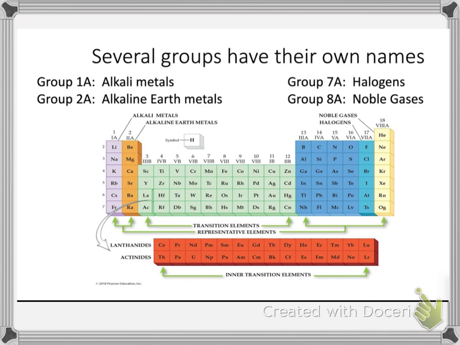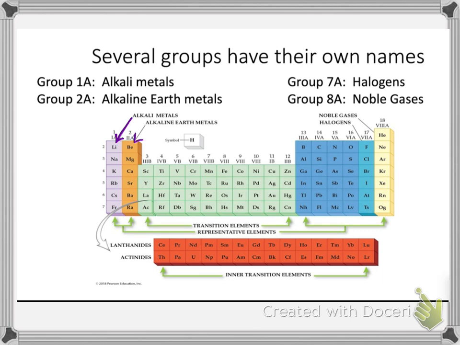Then one of the last naming has to do with some of the groups that have their own names. It's the first two groups, so the two on the farthest left, and the last two groups, the two on the farthest right, that have their own names. So group 1A, and this does not include hydrogen, are called the alkali metals, so lithium and down.